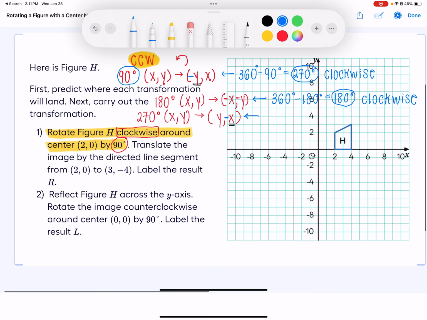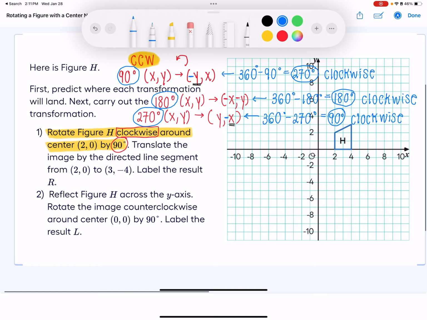And then the last one is 270 degrees counterclockwise. To find clockwise, I just subtract 270 from 360, and I end up getting 90 degrees clockwise. So you can just pause this video and take note of that, write some notes down for yourself so you remember counterclockwise and clockwise and how to convert between the two.